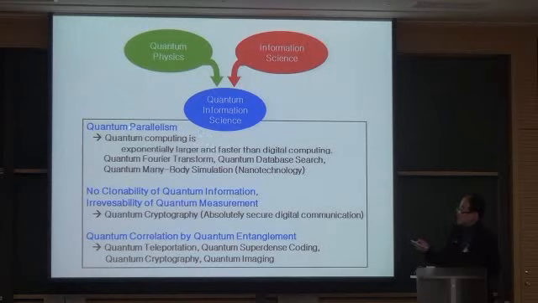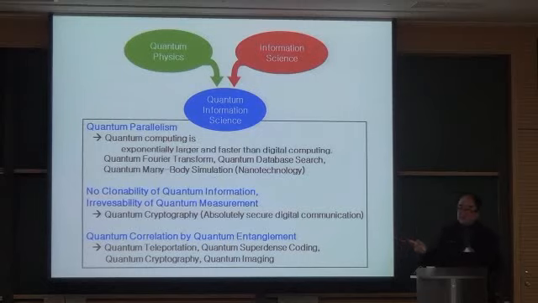And because of this, quantum computing is exponentially larger and faster than digital computing. So there are some applications like quantum Fourier transform, quantum database search, and also in nanotechnology, the quantum many-body simulation. That may be done only by the quantum computer.